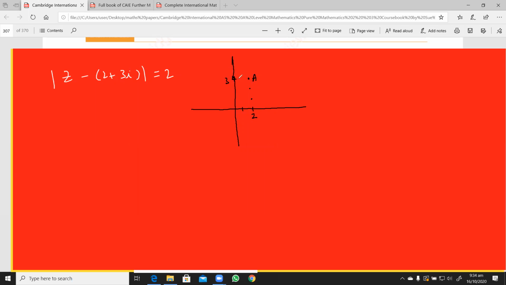So it should be passing through the point (0, 3), the point (2, 5), the point (4, 3), and the point (2, 1). So you have to show it like this, going like this.